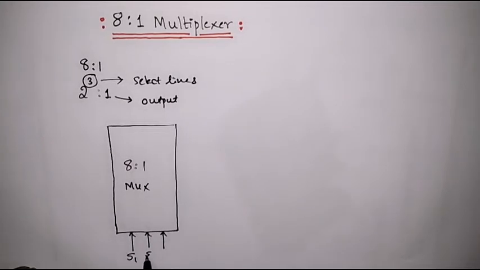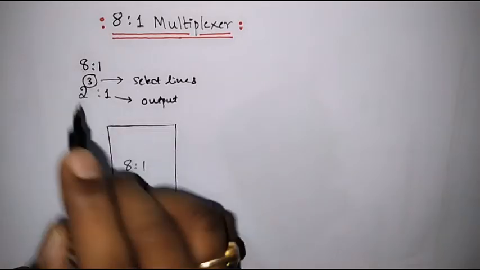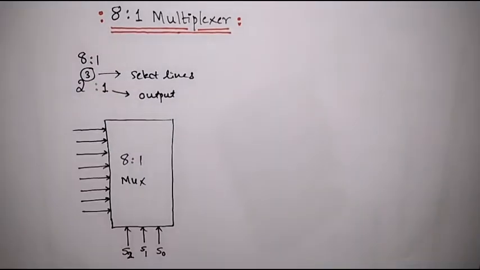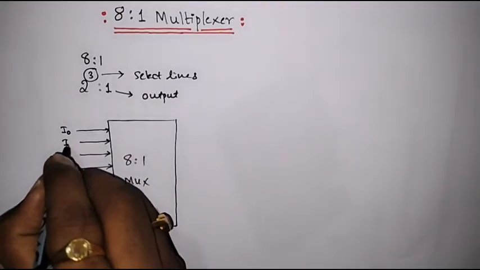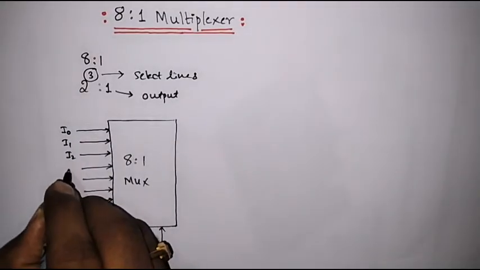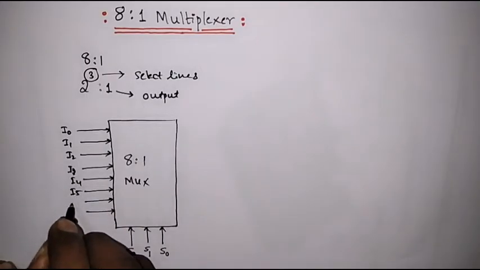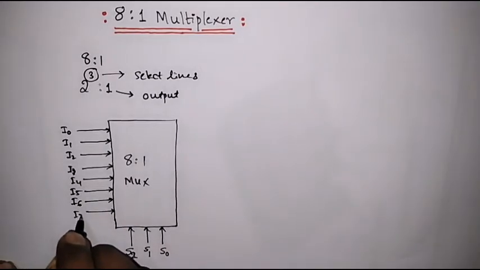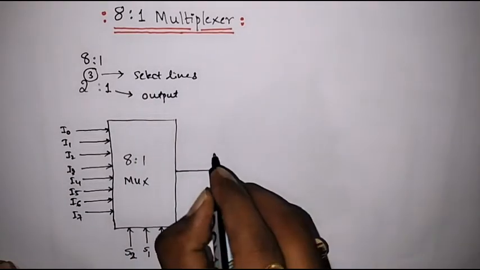Let S2, S1 and S0 are the select lines. Let it has 8 input lines. Let this be I0 input. This is I1, I2, I3, I4, I5, I6 and I7. Let it has one output, say Y.